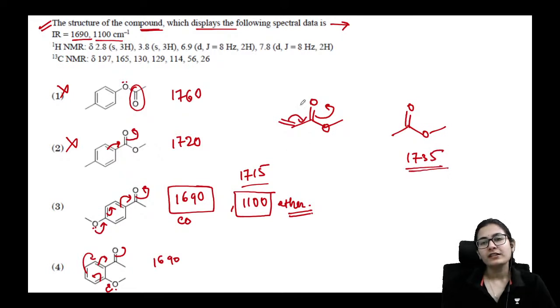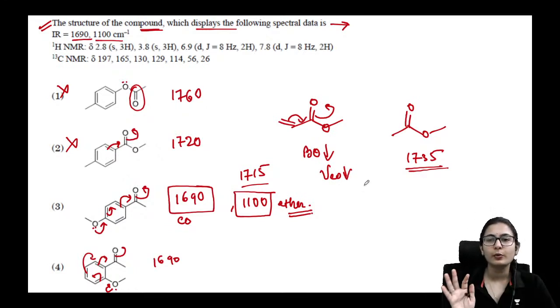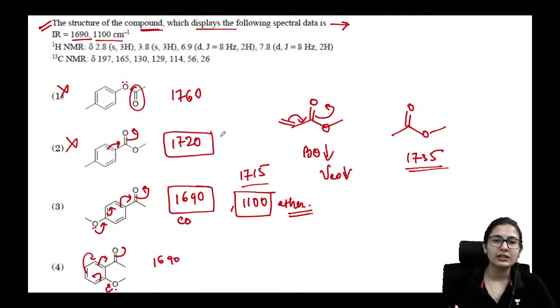So when there is resonance, bond order decreases, and that is why the frequency of carbonyl also decreases. Decreases by how much? Approximately 15 to 20. So it decreases by 15-20 cm inverse, that is why we say approximately 17-20. It could be 17-15 also, doesn't matter.